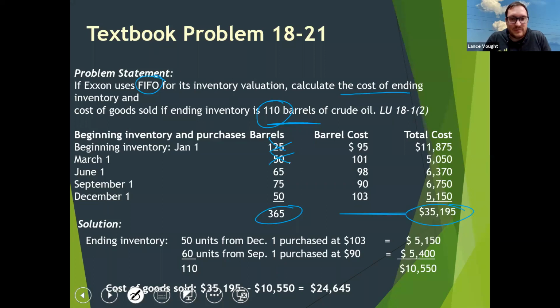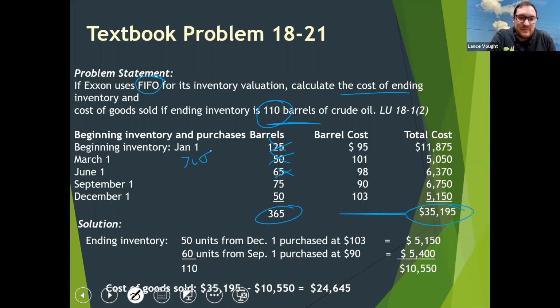Oh, it's 265, I'm sorry. So 265 minus 125 is 140. Minus 50 gives us 90. Minus 65 gives us 25. And then that last 25 comes out, or is it 15? Goodness gracious, I'm so bad at math today.